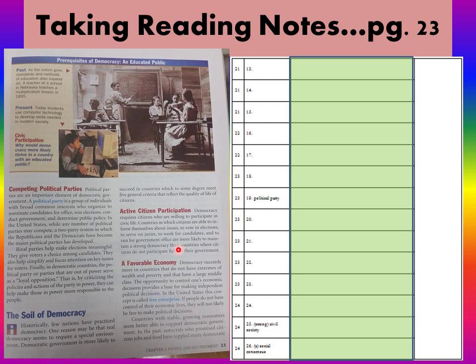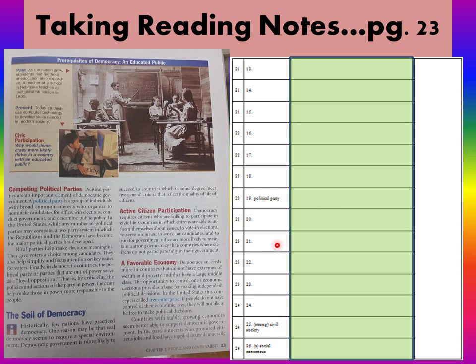So for the soil of democracy, you can go ahead and put in number 20, active citizen participation and a favorable economy, and then go ahead and flip to the next page and look at the other 3. Okay? And write those here.